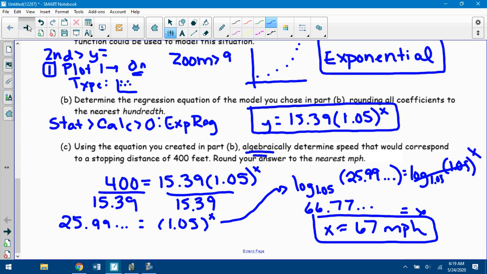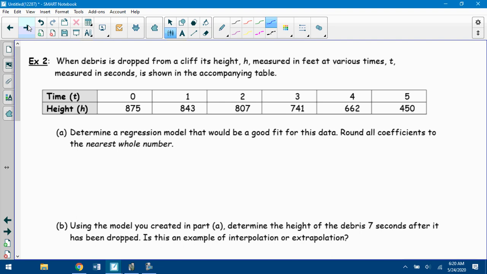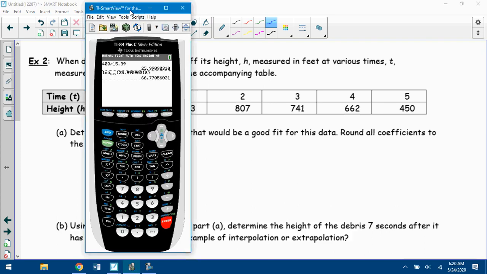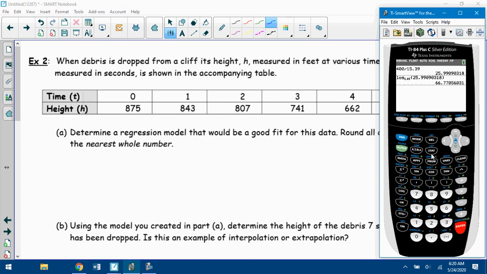Okay, let's try the next one. Okay, new scenario. When debris is dropped off a cliff, its height, h, is measured in feet, t, measured in seconds. Determine a regression model that would be a good fit for this data, rounding to the nearest whole number. Okay, so again, I have to go back here, and I want to go to stat edit. We're going to take out L1 and L2.